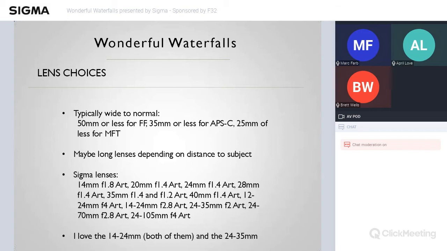The lenses that we make that are appropriate for this are a series of Art primes: 14, 20, 24, 28, 35, 40, and there's a 50 in there as well. And the zooms: we make a 12 to 24, 14 to 24, 24 35, 24 70, 24 105.